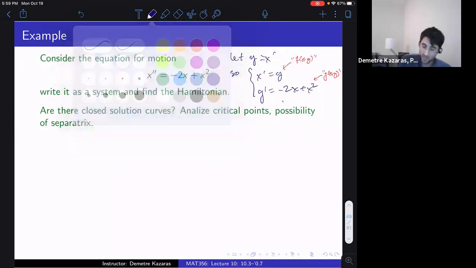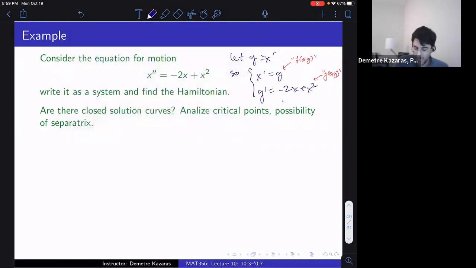So remember, what is the condition we need to check? We need the partial derivative with respect to x of f to equal minus the y derivative of g. Well, the x derivative of f is 0 since it only depends on y, and the y derivative of g is also 0. So 0 and 0 are the same thing.